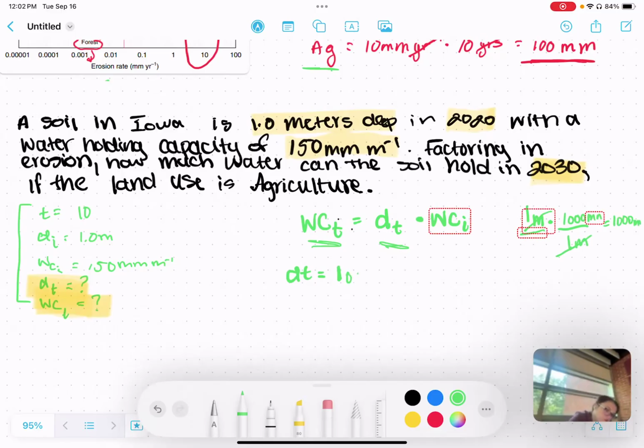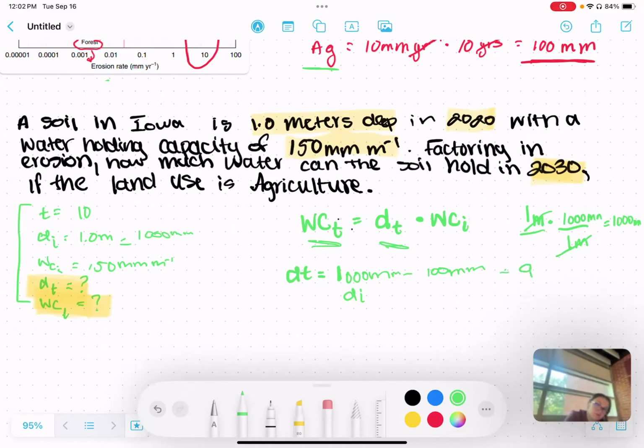So 1,000 millimeters is what our D initial is, so let's write that over here too, 1,000 millimeters. And we know that we're losing 100 millimeters of soil per 10 years, so 100 millimeters.